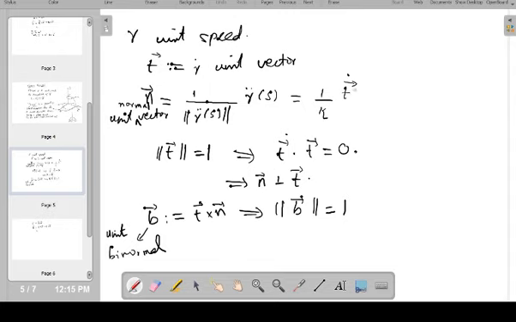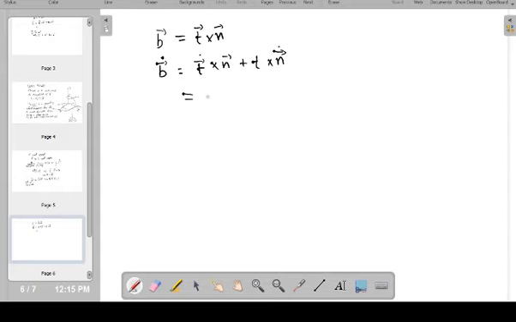N is in the direction of T dot; N is equal to 1 by kappa T dot. Therefore N and T dot are in the same direction. So T dot cross N will be equal to the 0 vector. So B dot is the 0 vector plus T cross N dot, which is equal to T cross N dot.